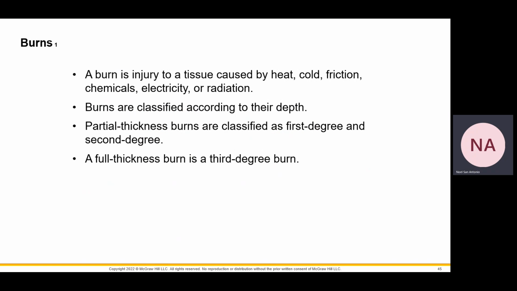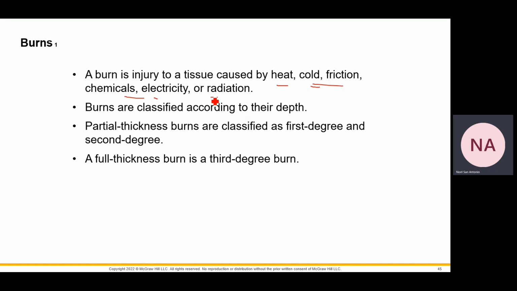Now let us go to burn injury, and this is our last topic for this discussion. So when we say burn injury, it can be caused by heat, cold, friction, chemicals, electricity, or radiation. So those are the physical elements that can cause burn injury to our skin. And most of the time, burns are classified according to their depth, meaning yung layers of the skin that is affected.